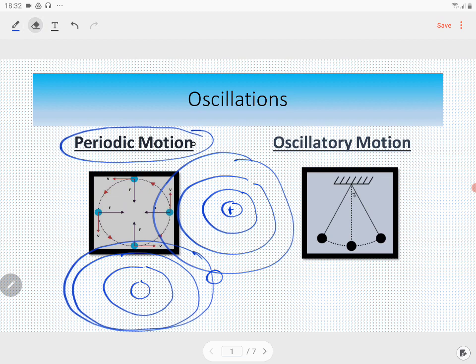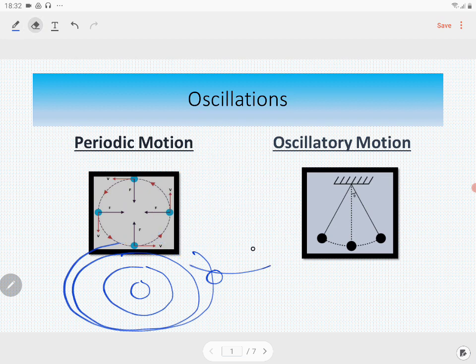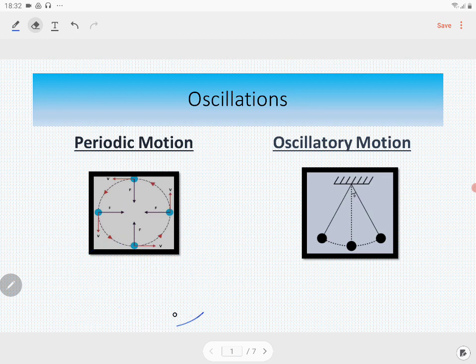Now, let us understand what is oscillatory motion. Oscillatory motion is a to and fro motion. To and fro motion means that the particle should retrace its path. For example, a simple pendulum. When you pull the simple pendulum aside, away from its equilibrium point, it will oscillate.